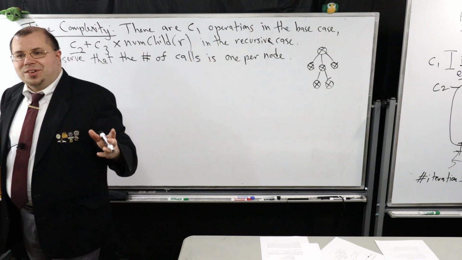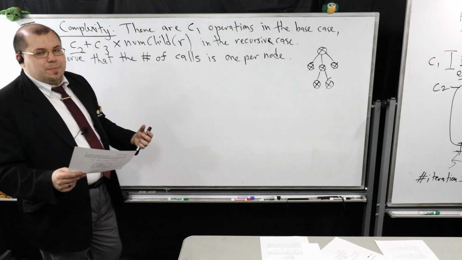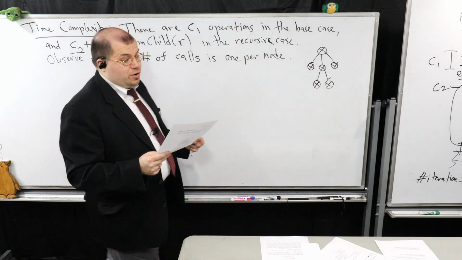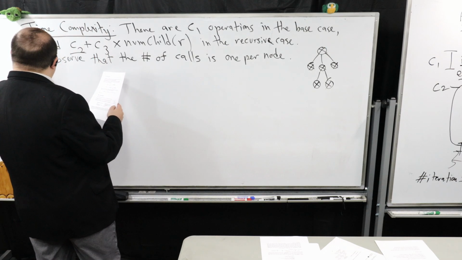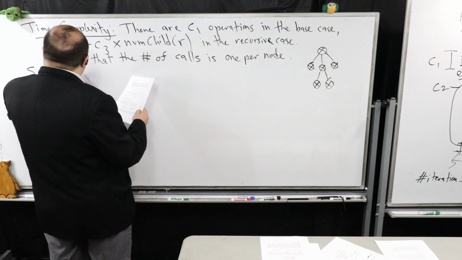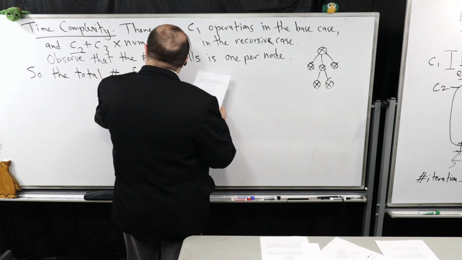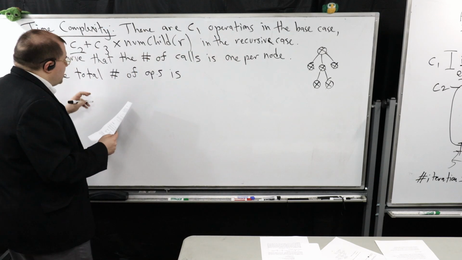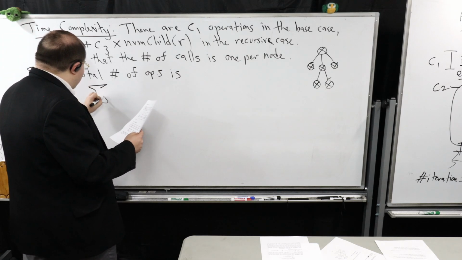So I'm going to put this all together now. I know how many recursive calls are happening, and I'm going to split it apart based on these operations that are going to happen. So the total number of operations is, now I'm going to explain what I'm going to do with this notation. It saves me a little bit of time when I write it like this.